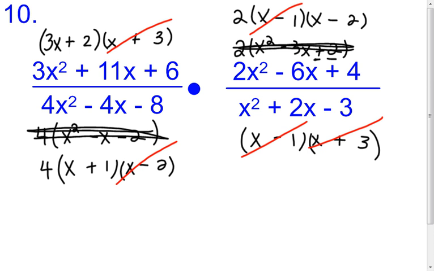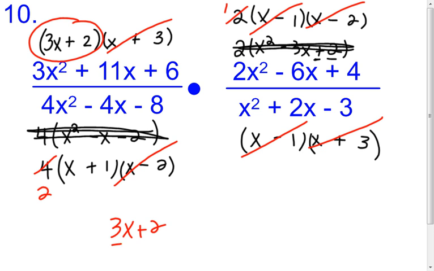I have an x minus 2 that can cancel with an x minus 2. And then I have a 2 and a 4 that can cancel. So on the top, all I have left is this 3x plus 2. And on the bottom, I have this 2 left and this x plus 1 left.